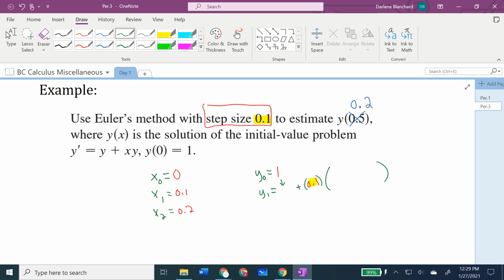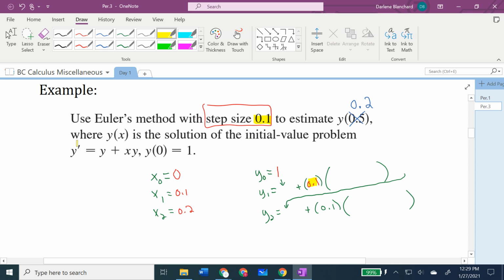And what I can do is prep the others. I'm going to bring down whatever I get from the answer here, and then add to it my delta x times my slope. So here we go.